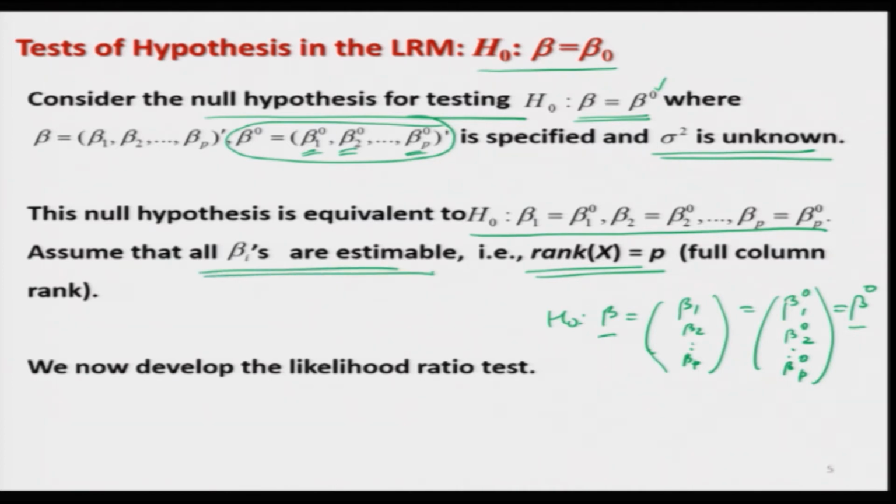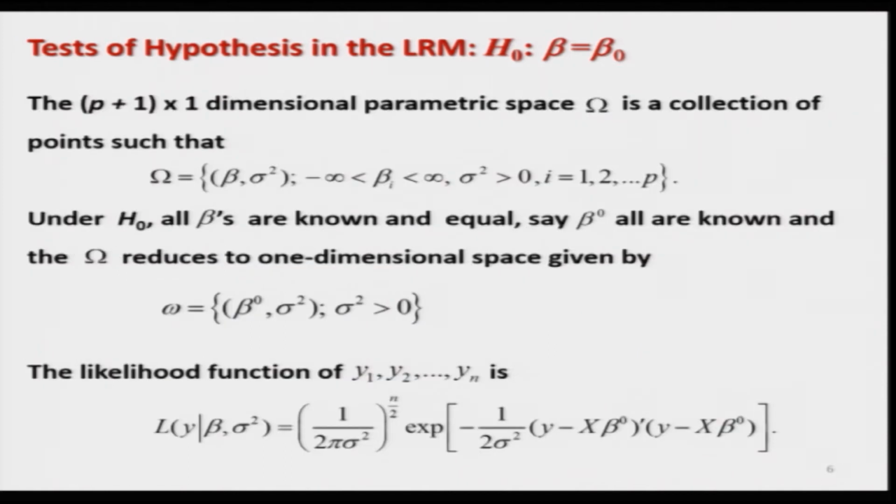Now we try to develop the likelihood ratio test. When you want to develop the likelihood ratio test, there are a couple of steps. The first step is to specify the parametric space, defined under H naught and under the whole parametric space. Then you write down the likelihood function.